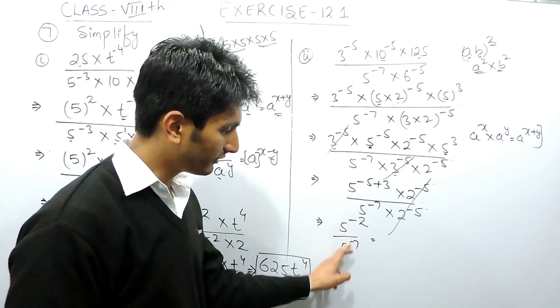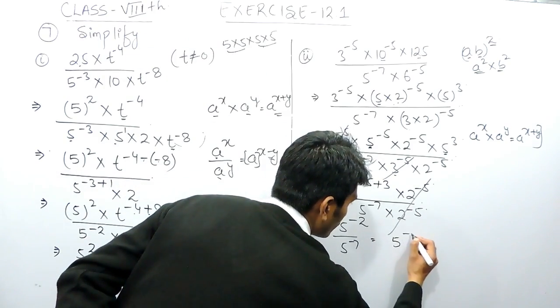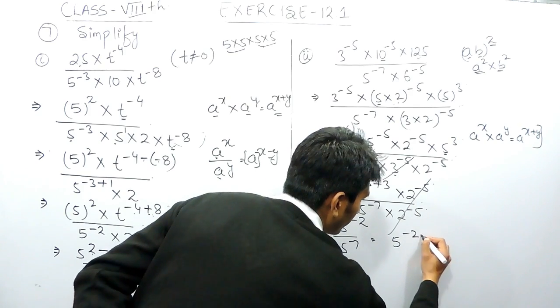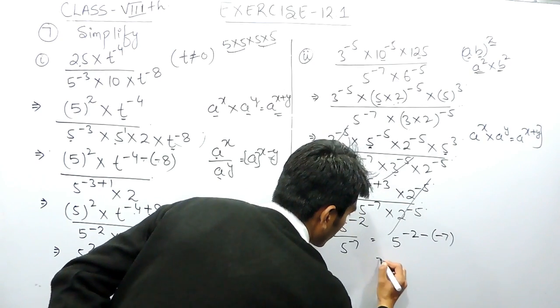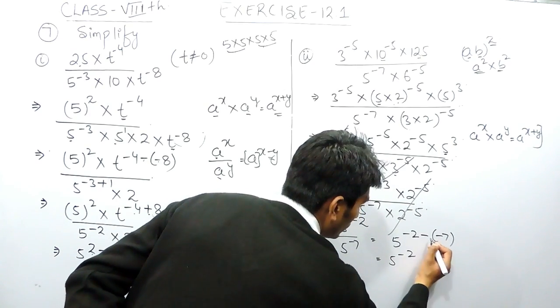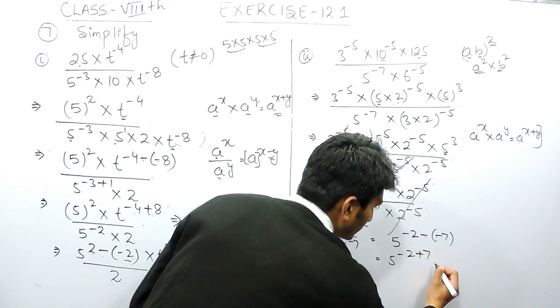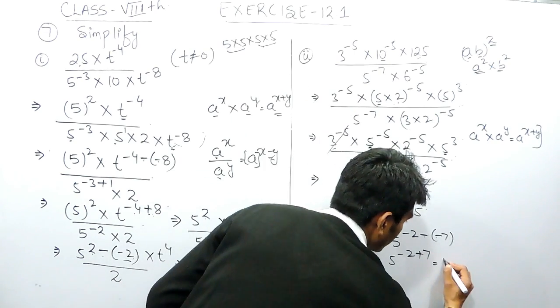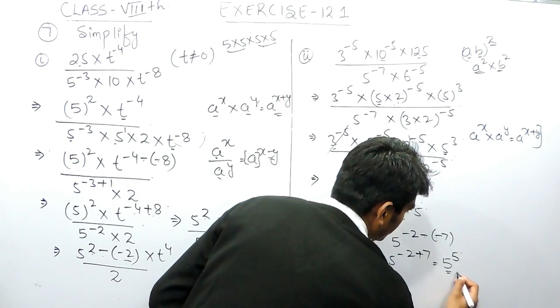Now if I have to shift this value to the numerator, I have to subtract this. So 5 raised to power minus 2, this will be minus with minus 7. So this is 5 raised to power minus 2. First of all, I have to open the bracket. For that, minus minus will be plus. So this will be 5 raised to power 5.